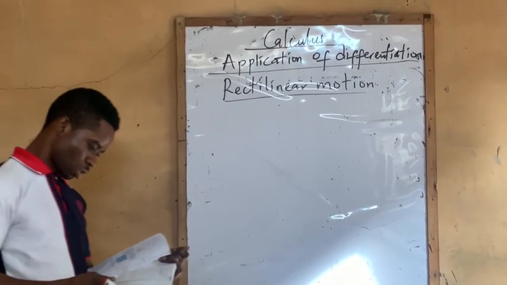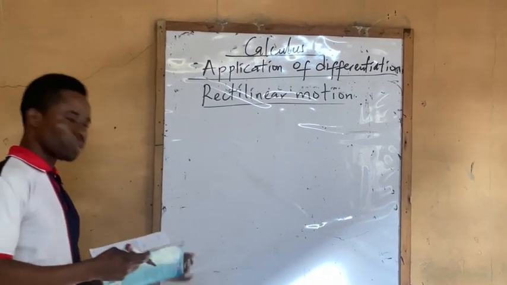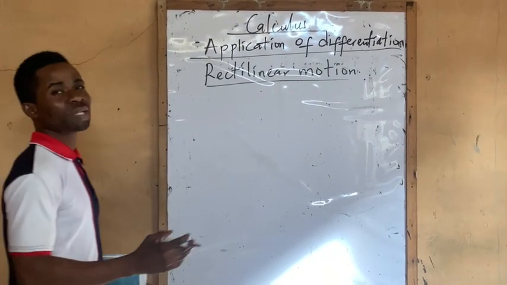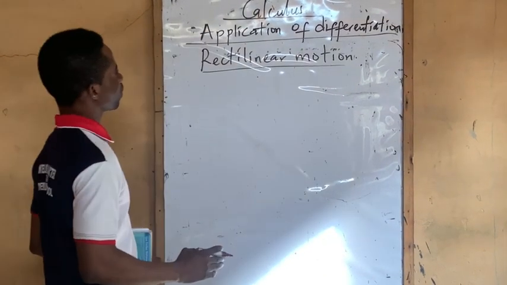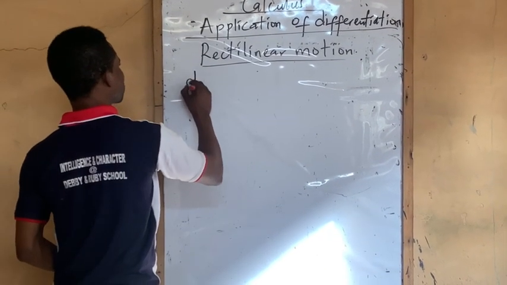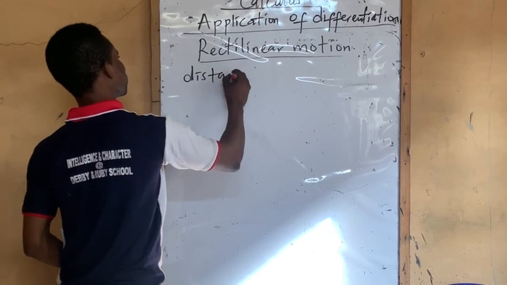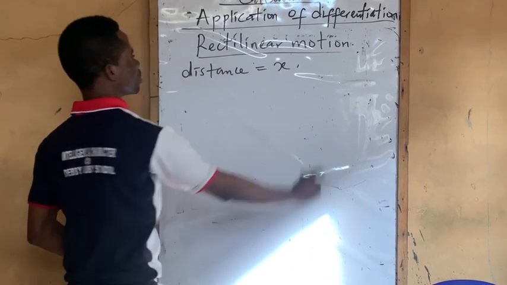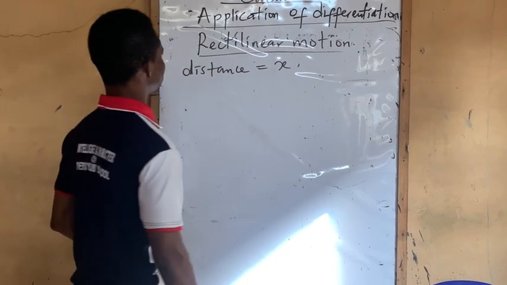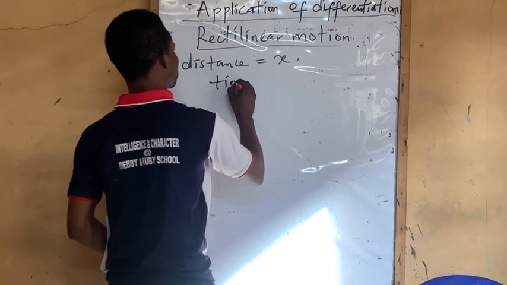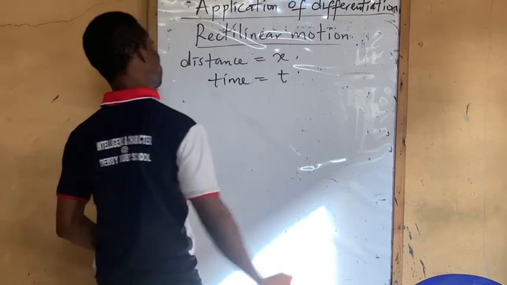Without wasting our time, rectilinear motion is talking about motion on a straight line. Let's say the distance equals x, and the time is t.